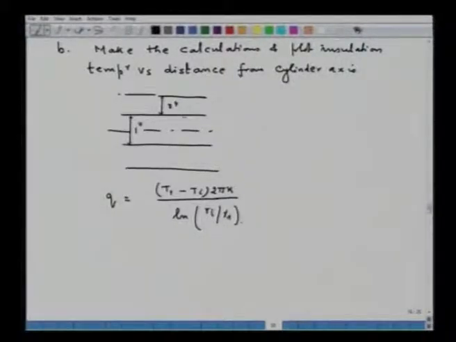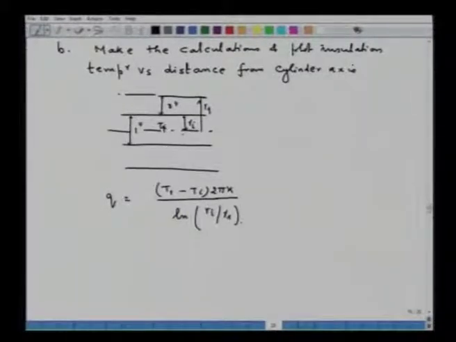So, I am representing this as Ri and this as R1, and this as T1, and we have to calculate Ti as a function of the distance from the cylinder axis.